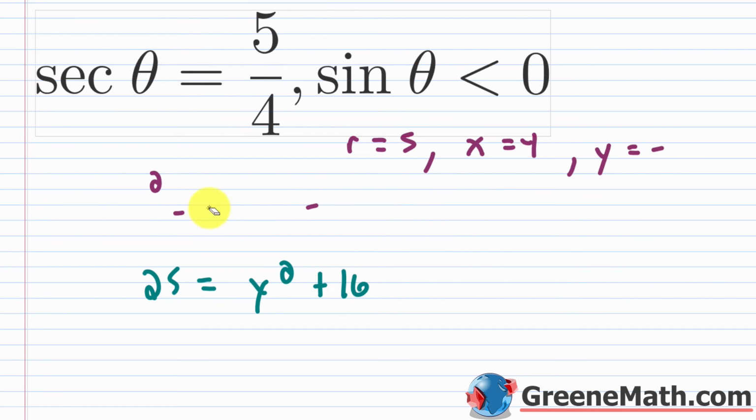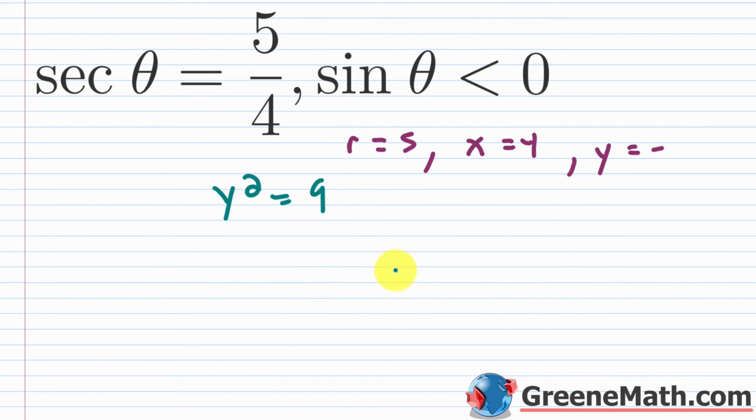Now, if I subtract 16 away from each side of this equation, I'm going to get y squared is equal to 9. When we use our square root property, you would have y is equal to plus or minus the square root of 9, which is plus or minus 3. So again, because we're in quadrant 4 and the y values are negative, you want to make sure you choose negative 3. Okay, so that's very important.